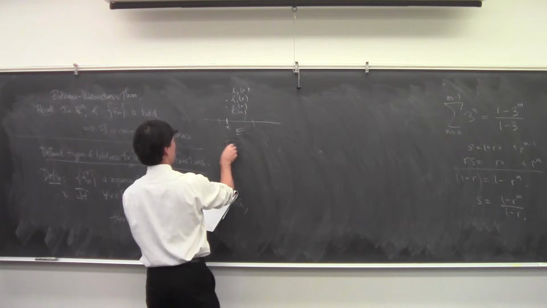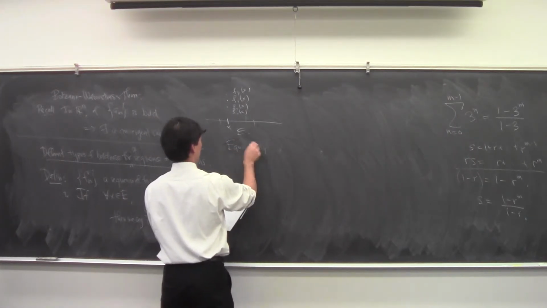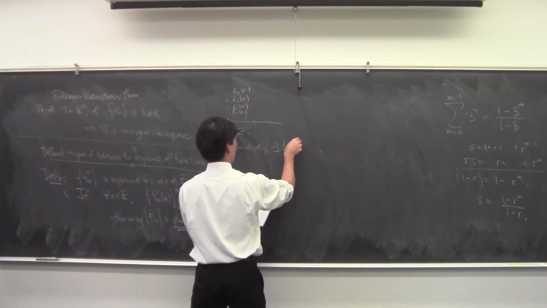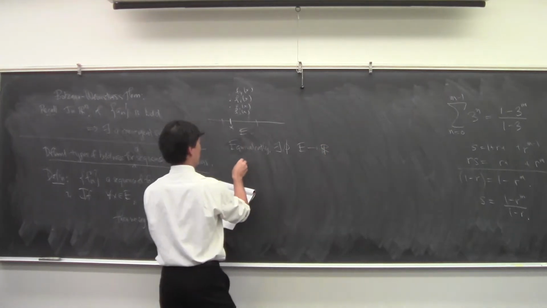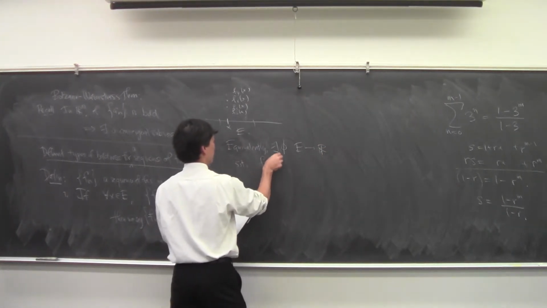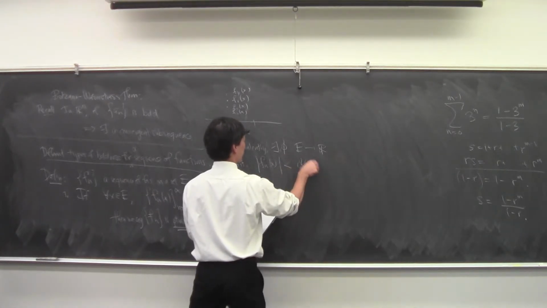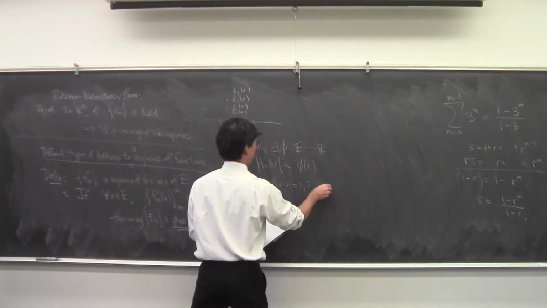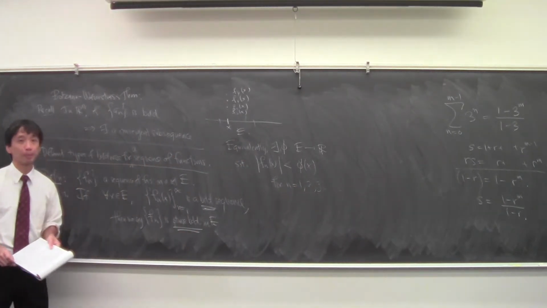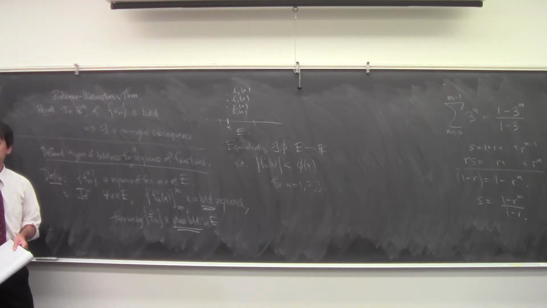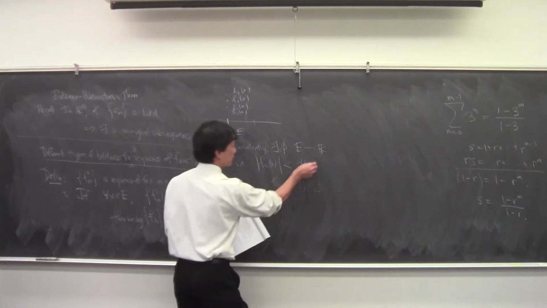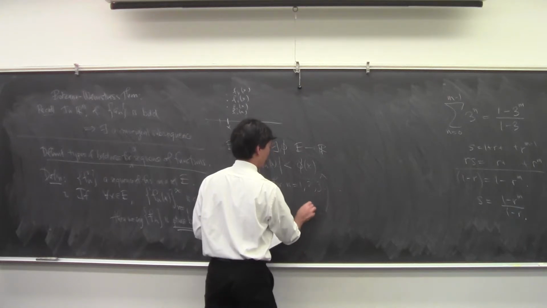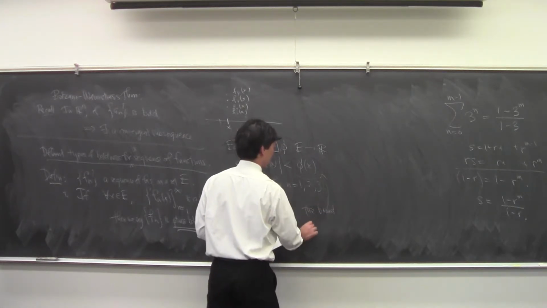Equivalently, there exists a phi such that |fn(x)| is less than phi(x) for n equals 1, 2, 3, etc. This phi(x) is just your bound at point x.